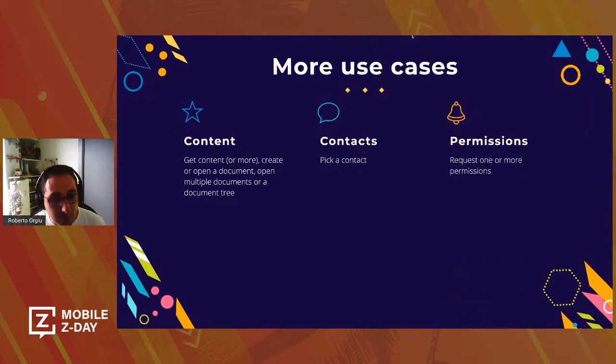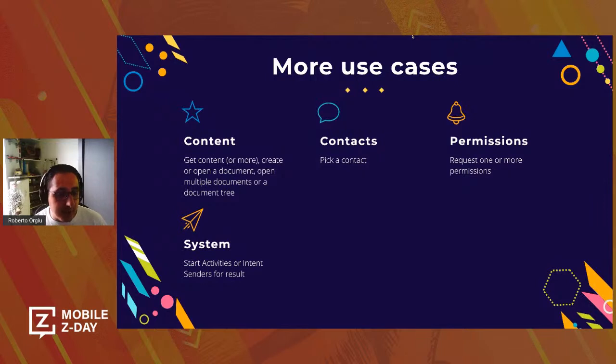Of course, as we saw, we can request one or more permissions. There will be two different contracts. One will be request multiple permissions, and the other one will be request permission. Two different contracts that will behave in the exact same way, they just change based on the number of permissions that we want to request.